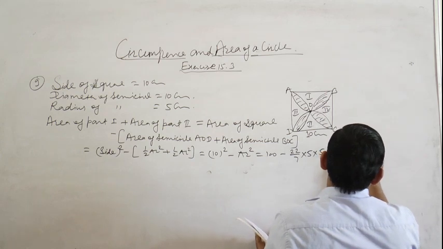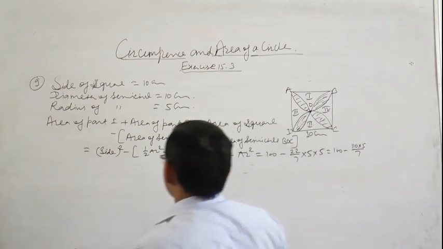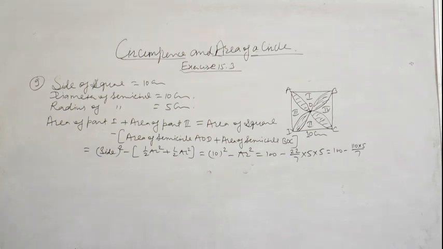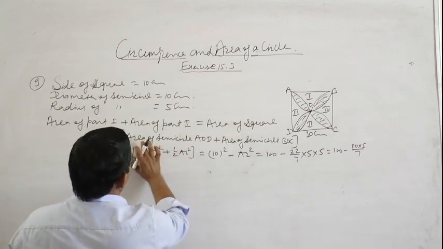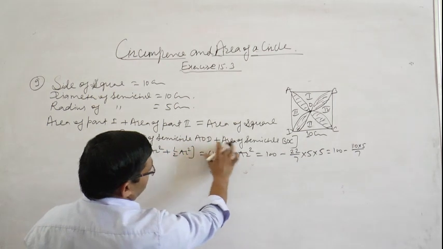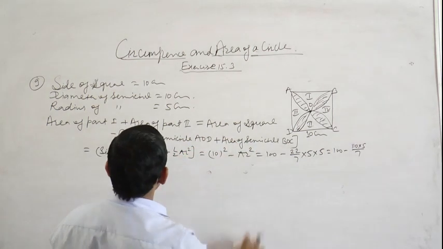Area of part first plus area of part second is equal to area of square minus area of semicircle AOD plus area of semicircle BOC.